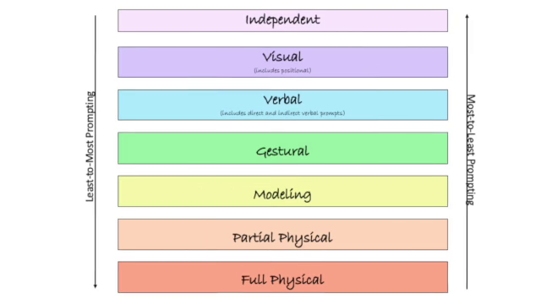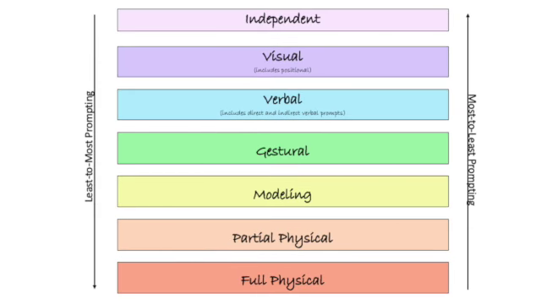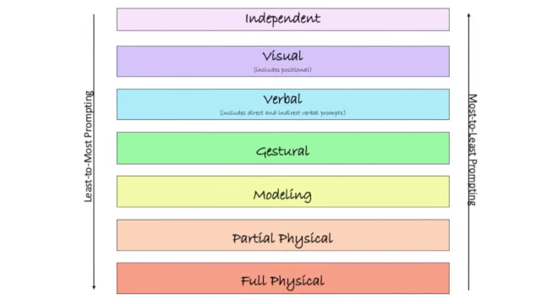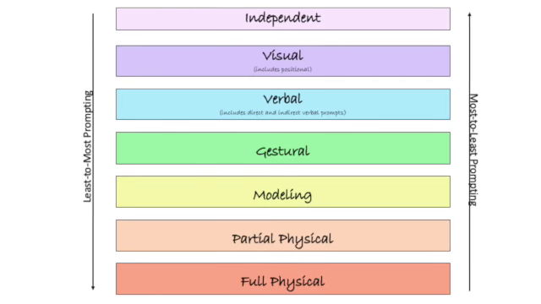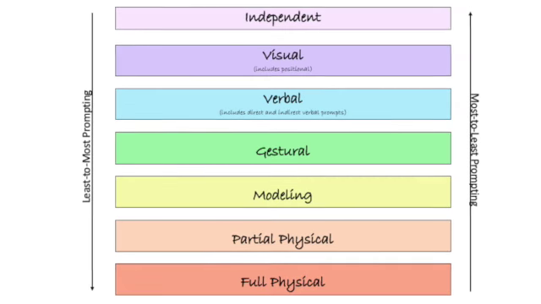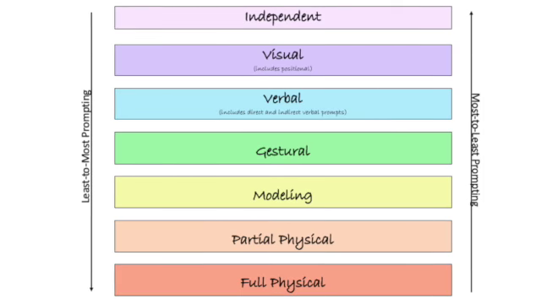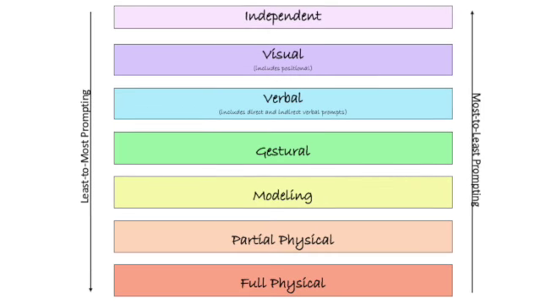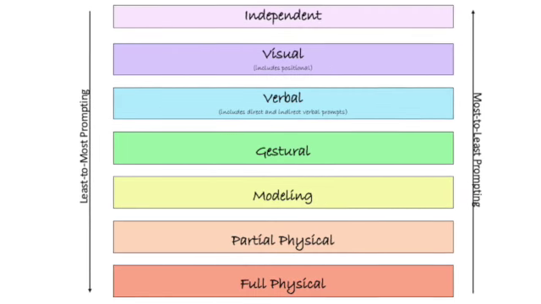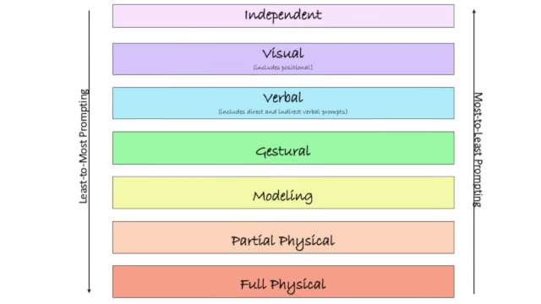Most to least prompting is the most effective for clients who lack the required skills to accomplish a task. This provides the most intrusive form of prompting, then gradually fades to lower prompts as the client masters the skill or behavior.